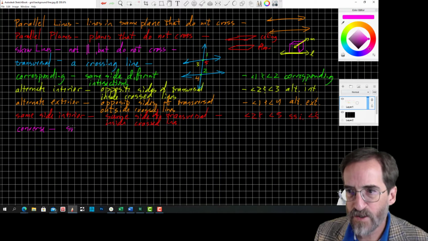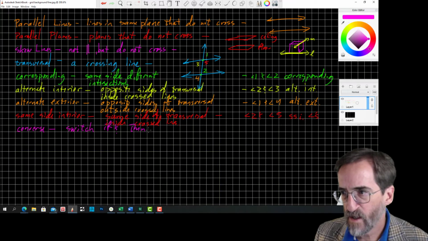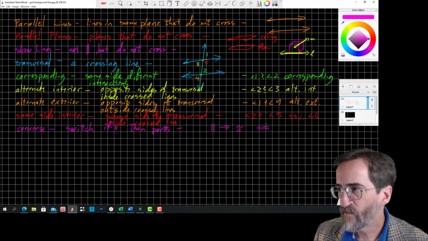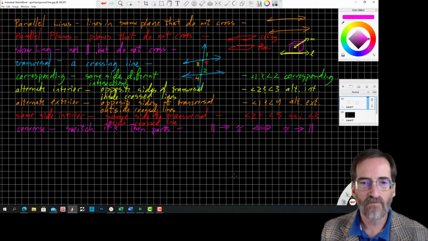Converse: switch the if and then parts of a conditional. Okay? So for example, if it's parallel, then corresponding angles are congruent. The converse of that would be if the corresponding angles are congruent, then the lines are parallel, where we switch the if and then parts.